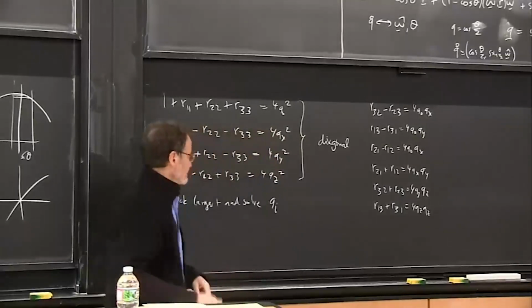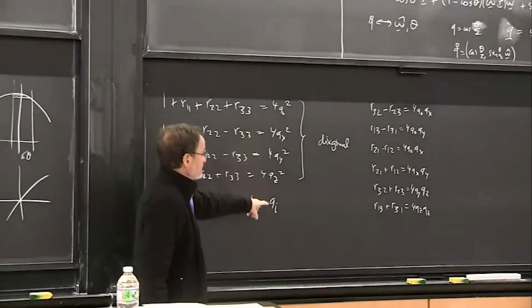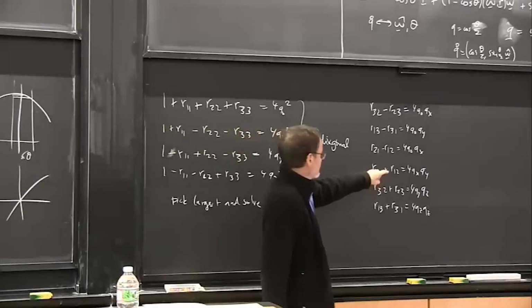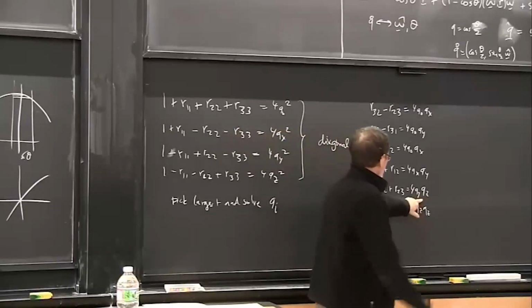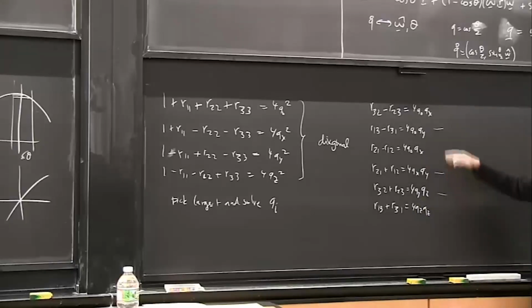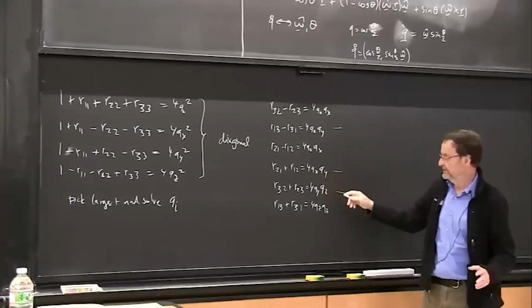The way this works is we pick one of these and solve from the diagonal, and then we go into 3 of these and solve for the rest. For example, if we solve for qy, this involves qy, this involves qy, and this involves qy. So we picked those 3 to solve for q0, qx, and qz.